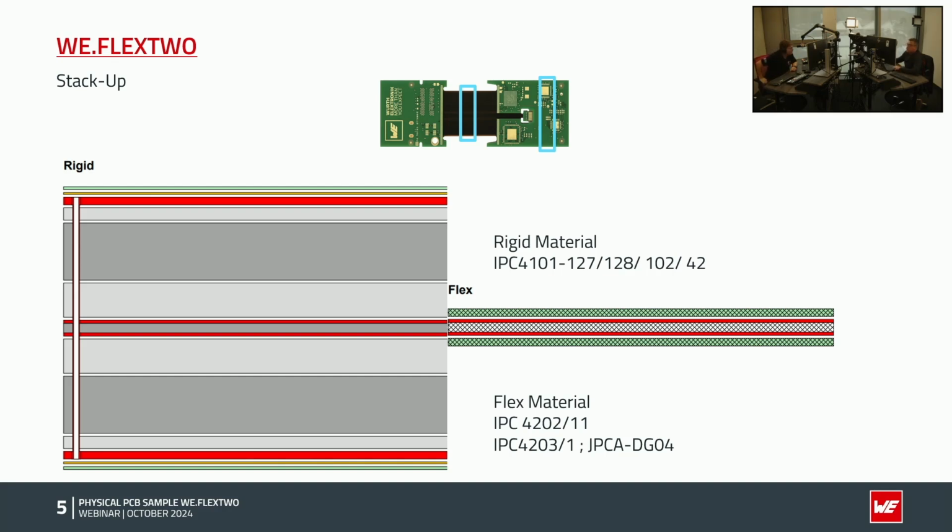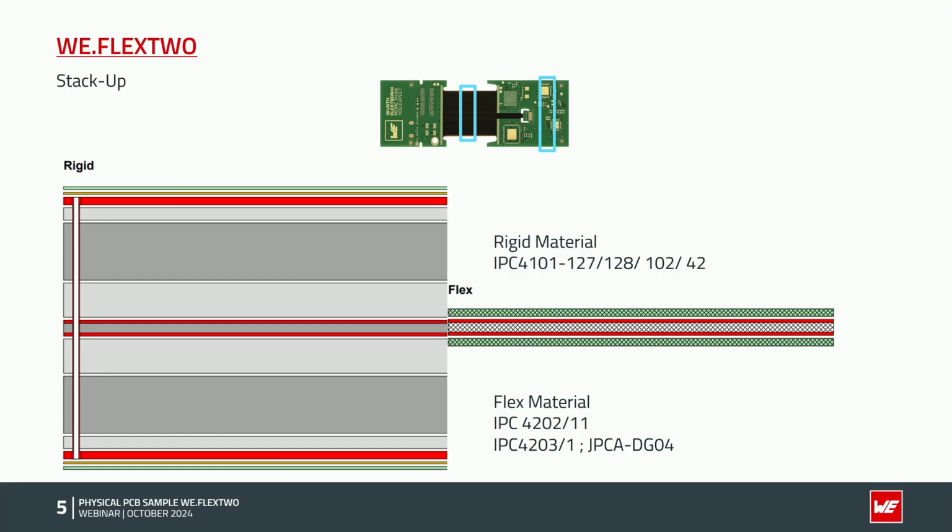In the flex area, especially for the polyamide laminate, we use only adhesive-free laminate in accordance with IPC 4202-11. The reason for that is, again, reliability. If we use polyamide laminate with adhesive between the polyamide and the copper, this adhesive has a high expansion in the z-axis. So this is a real problem for reliability, and that's the reason why we only use adhesive-free laminates.